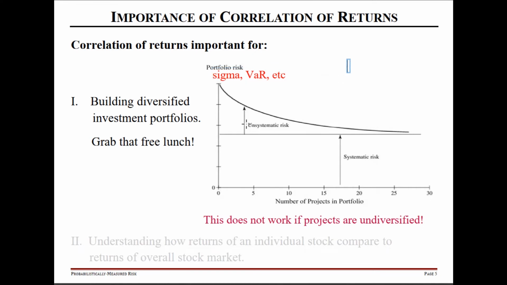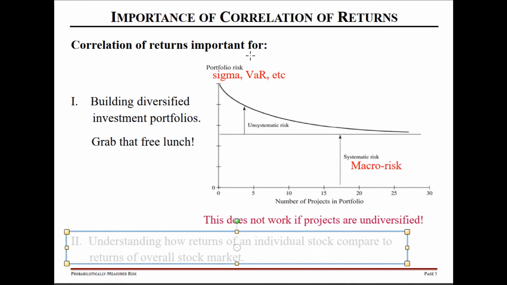As long as we keep adding into our basket of eggs that are poorly correlated to each other, the more eggs we have, the less standard deviation, the less value at risk we're going to have in the overall portfolio. Once we get to about 30 or so assets in our portfolio, it's asymptotically leveling off here. So this is why investing in a diversified portfolio is so helpful.